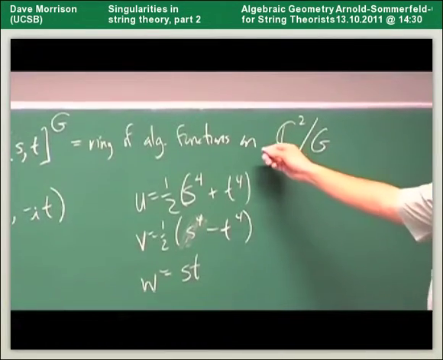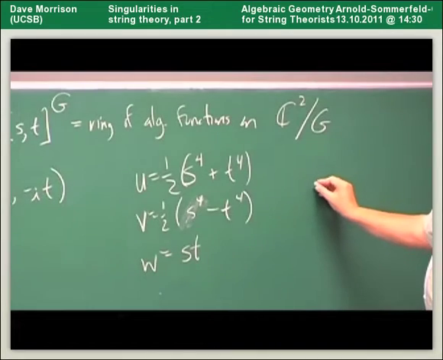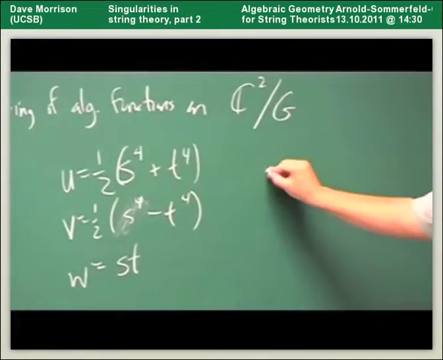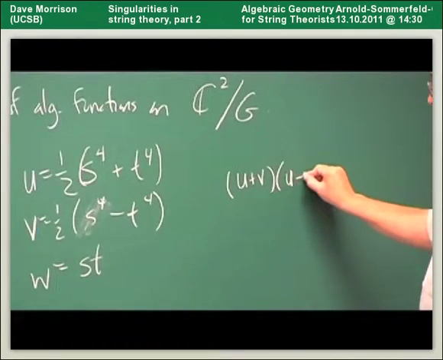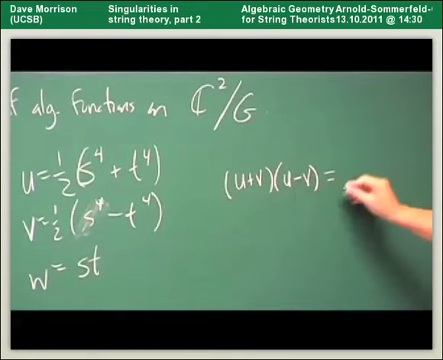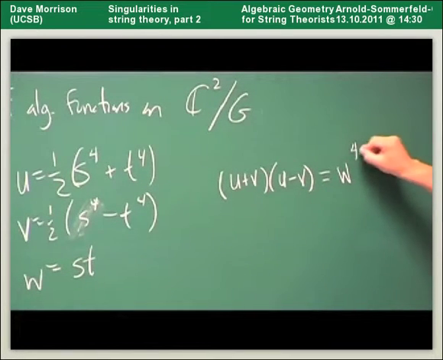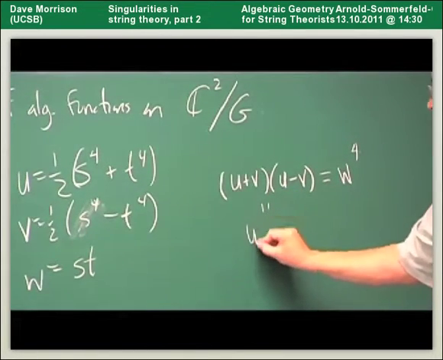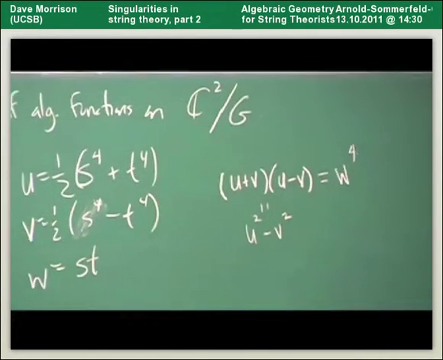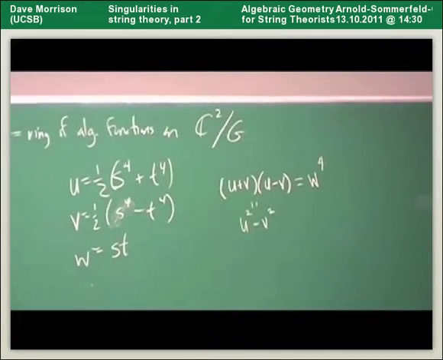And then there's an algebraic relation among these invariants. To recover s^4, I should do u plus v. To recover t^4, I should do u minus v. That's s^4 t^4, so it's the 4th power of w. So that's u^2 minus v^2. So that's how I compute the invariants for this particular group.